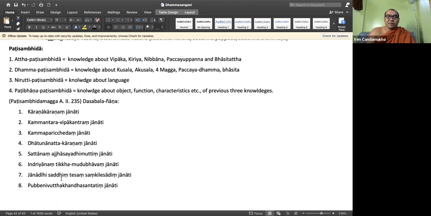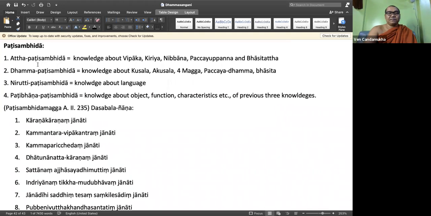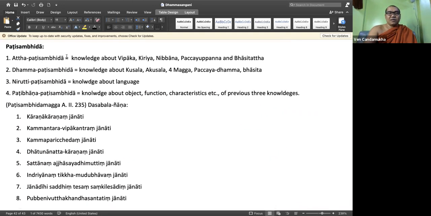In the Pi Naisaya, this is Padisambhita. So explanations of the Padisambhitas are given. Padisambhita means what? Knowledge. We can simply say knowledge. Okay?